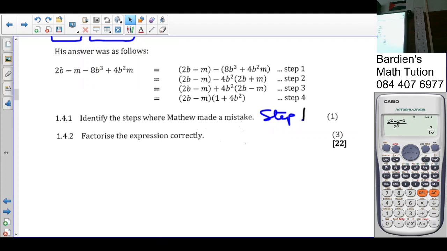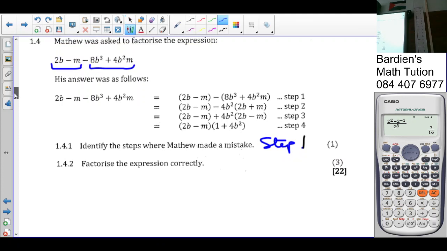Okay, so if you look at this here, I'm going to say 2b minus m. What is common here? Negative 4b squared. Not so? If I put a bracket around that, I'm not changing anything. So with 4b squared out, what am I left with? 2b plus or minus?